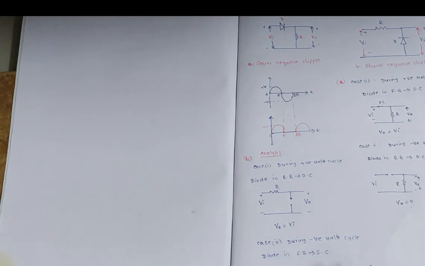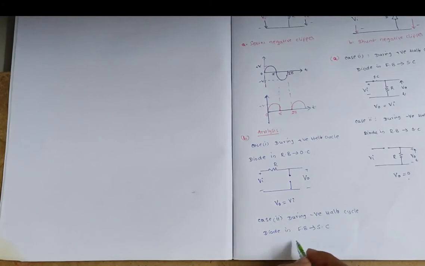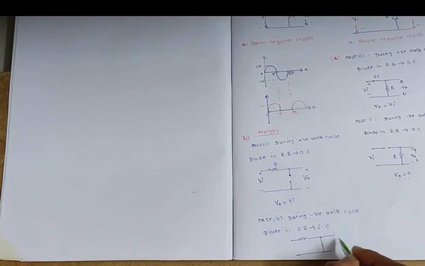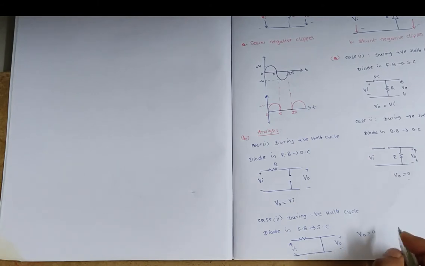When it is acting as a short circuit, we can draw the equivalent circuit like this. So we can write V0 equals 0 from this circuit.